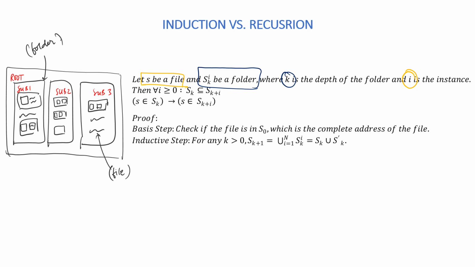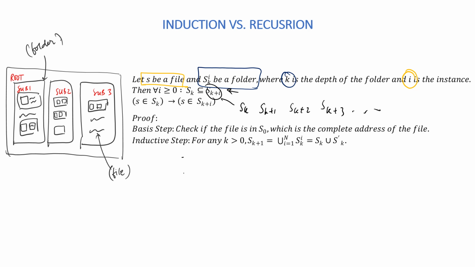So moving on, here's our theorem: if there's a folder S of k, and if S of k is a subset of S of k plus i for all i greater than 0, so for all folders that are either S of k, S of k plus 1, S of k plus 2, S of k plus 3, and so on.